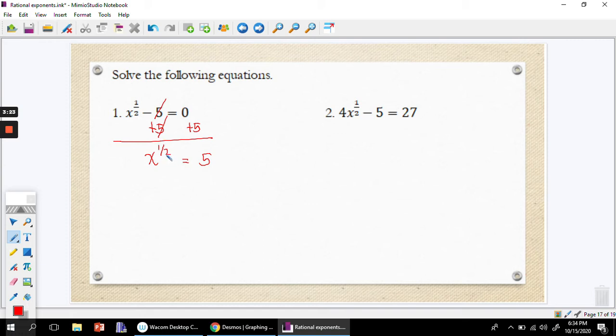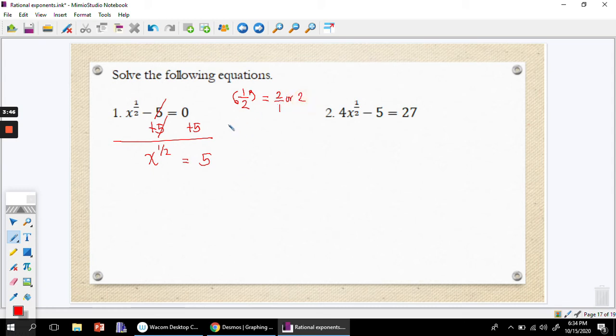To eliminate that, we want to make this equal to 1. To do that, we have to get the reciprocal of 1/2. When you say reciprocal, you just flip it. Your numerator becomes the denominator and the denominator becomes the numerator. So that will become 2/1 or 2, right?